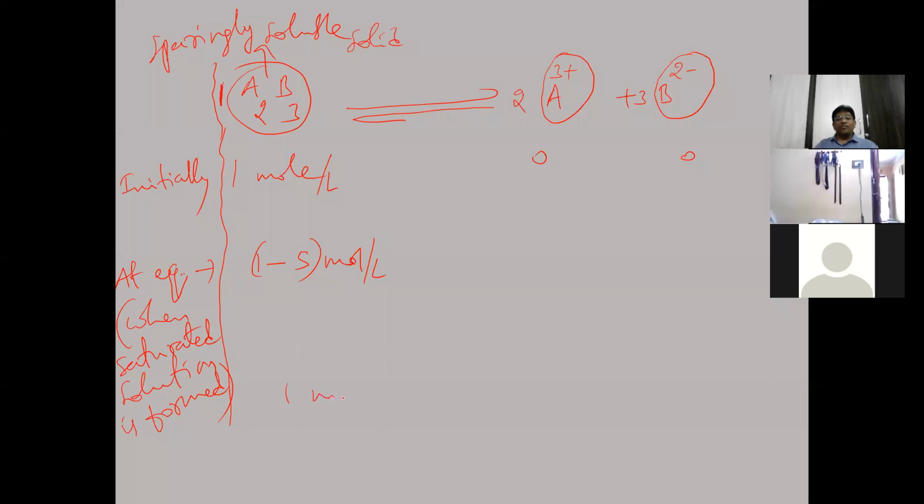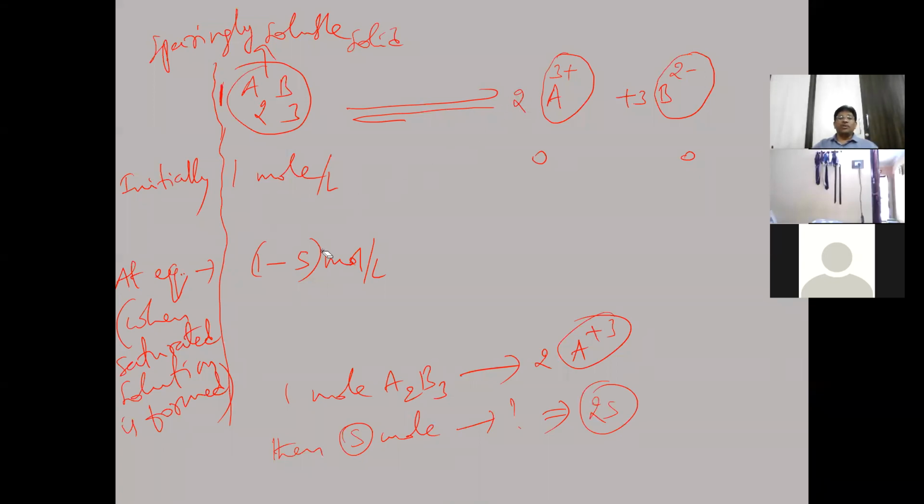So S moles when dissolved will give how much? Cross multiplication: 2 into S by 1, so 2S. 2S will be forming here.